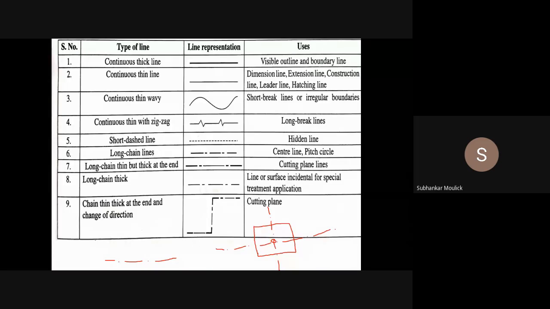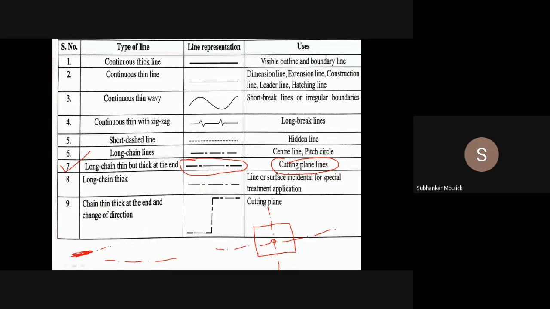Next, the last one is long chain thin but thick at the end. We will use this particular line for the cutting plane line. How will this line look? The extreme dash will be thick, then the dot will be thin.